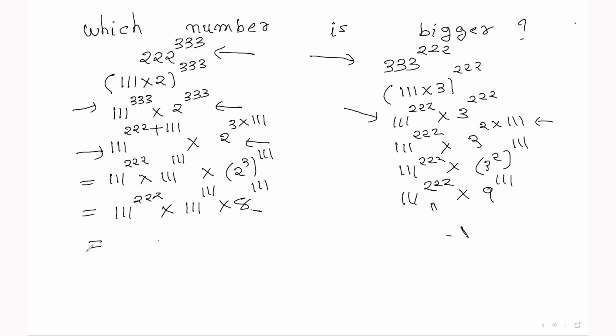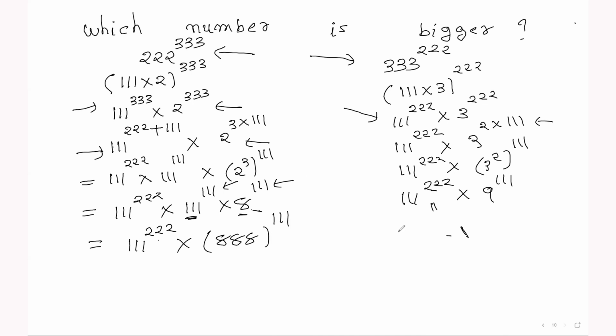Now we can take one last step and then we will know exactly which number is bigger. So 111 power 222 multiplied by 111 power 111 and 8 power 111, I have the same power, so I can multiply 111 and 8. 111 times 8 will be 888 power 111.